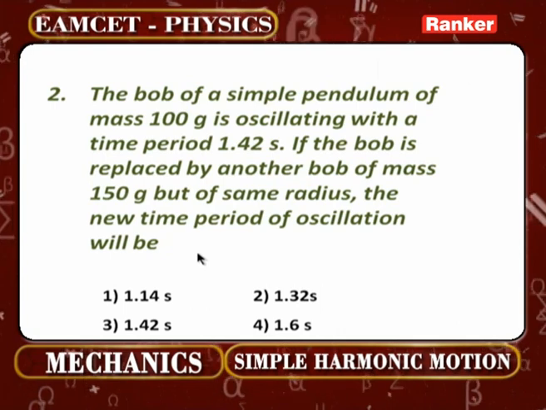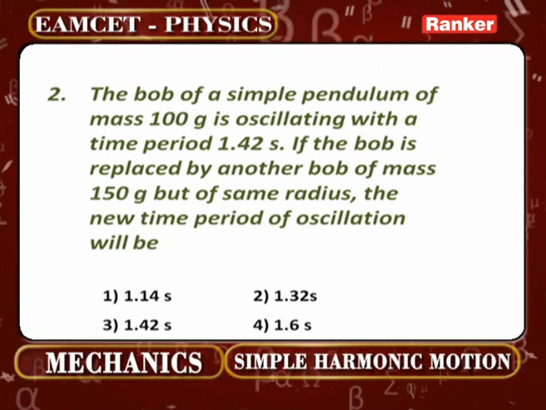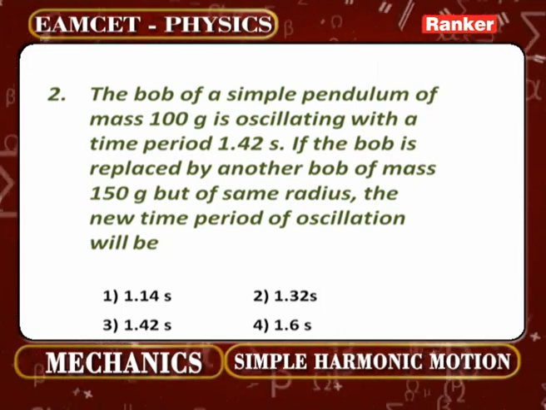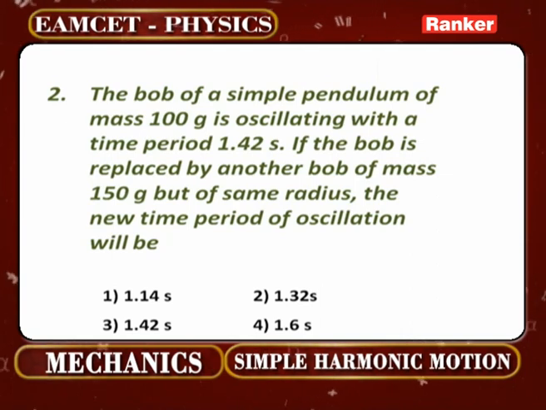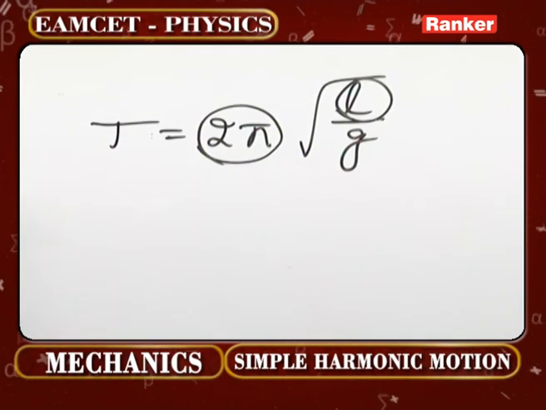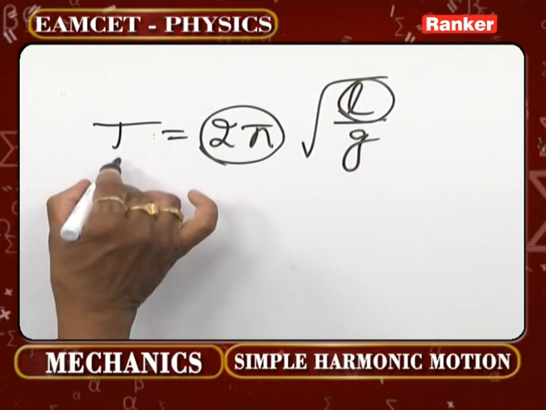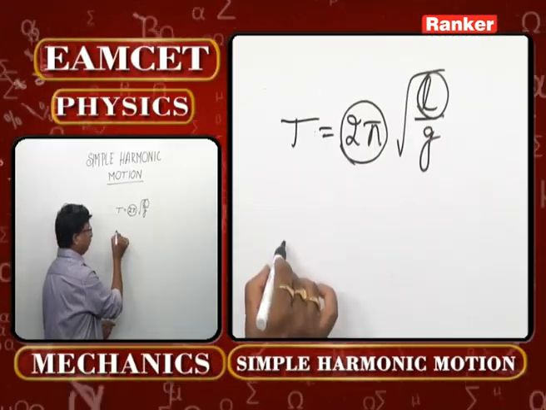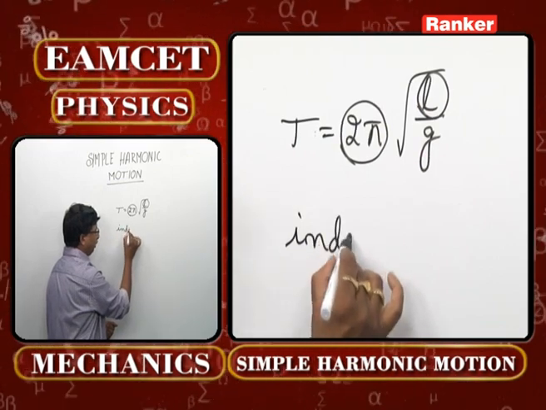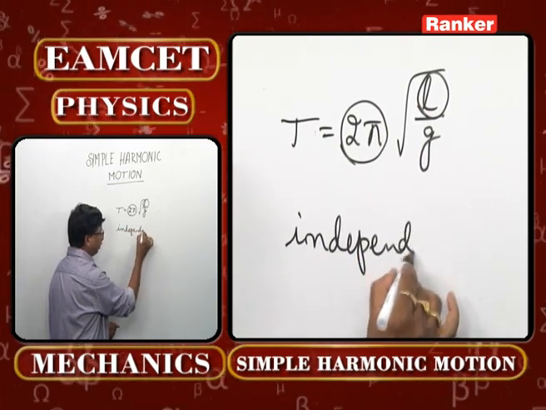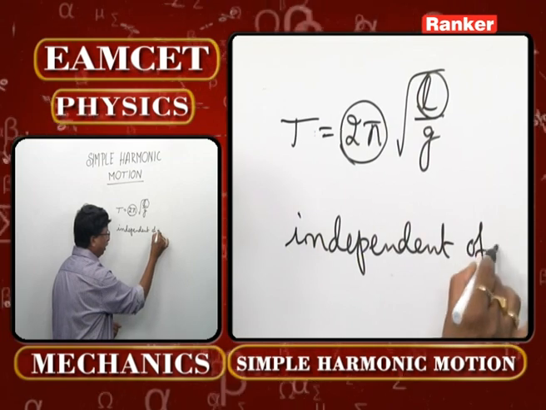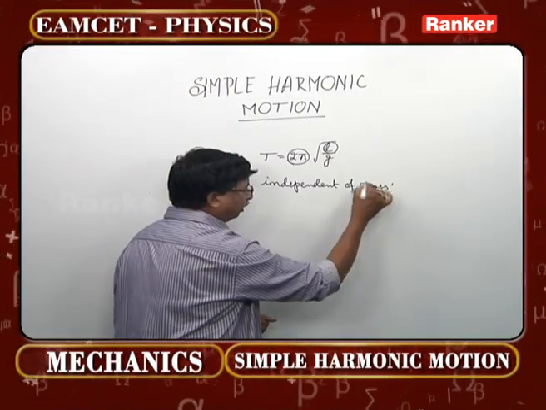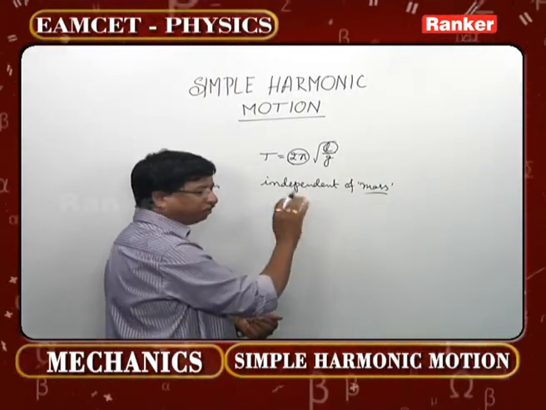In fact, this is the equation for time period of a pendulum: T is equal to 2 pi root L by g. Careful observation of this equation indicates that this time period is independent of mass. That means it does not depend on mass, fine.